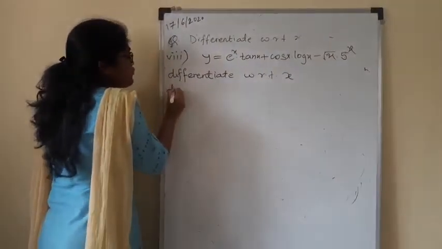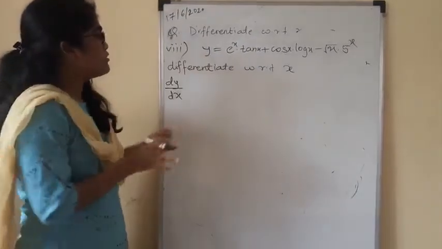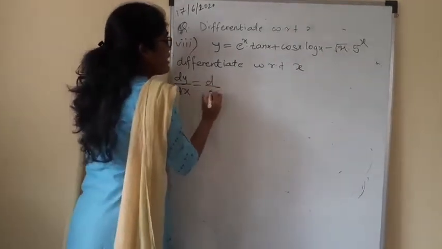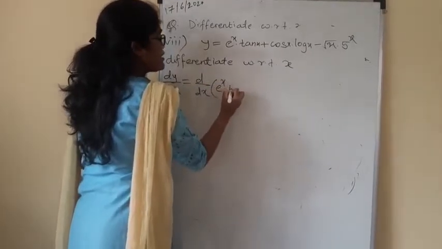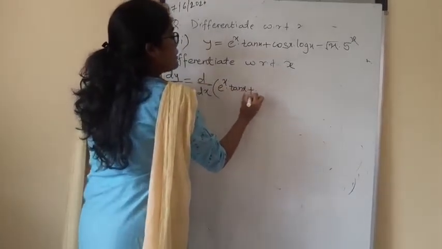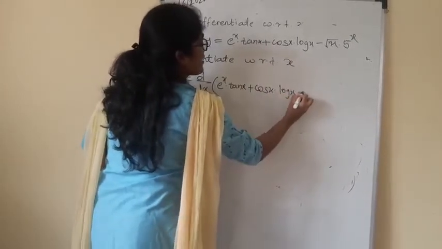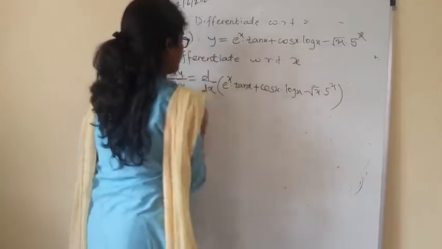So we will follow the rules as well as the standard functions simultaneously. So dy by dx of this whole function e raised to x into tan x plus cos x into log x minus root x into 5 raised to x.